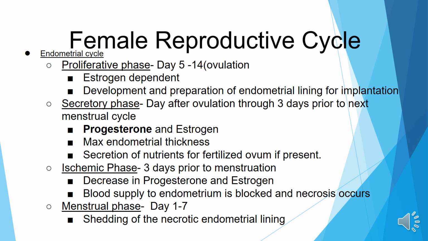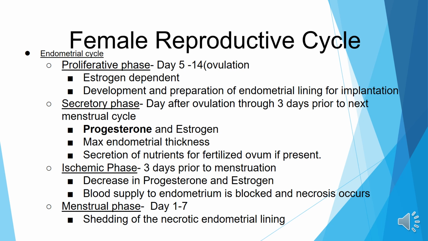The ischemic phase occurs about 3 days prior to menstruation, and this is if the ovum is not fertilized. You have that decrease in progesterone and estrogen because there's no egg to support, and blood supply to the endometrium is blocked, and it helps that lining die.